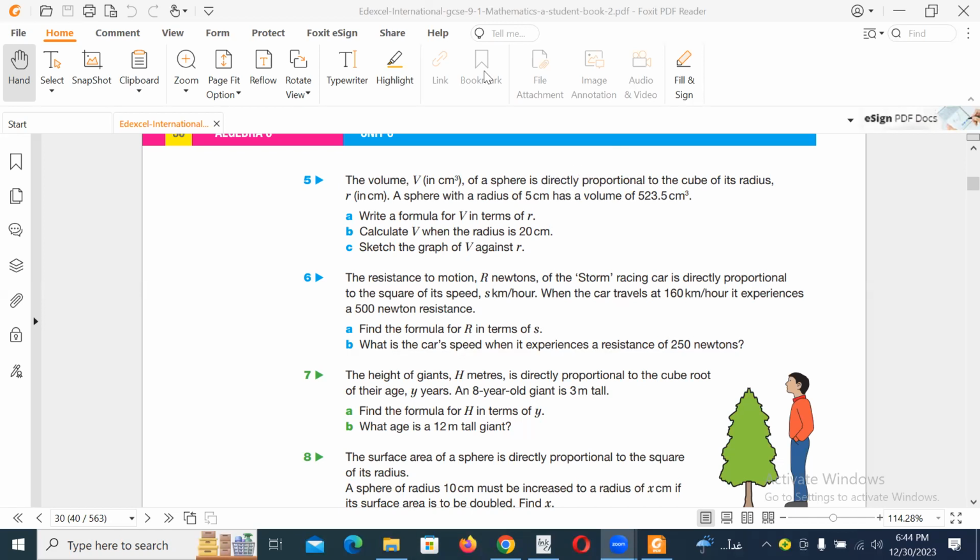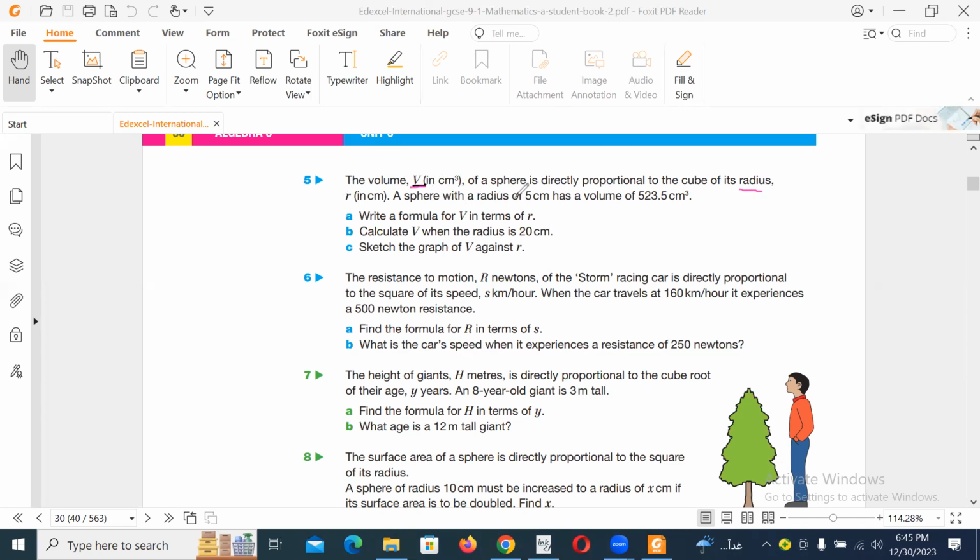Now we will try question number 5, and what it says: the volume V in centimeter cube of a sphere, we know sphere is a 3D shape, is directly proportional to the cube of its radius. So it means we have two things. One is volume, which is V, and the other is radius.